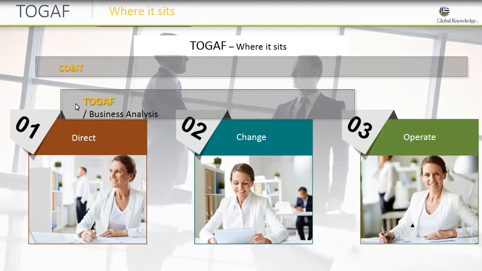TOGAF, there it is, sat proudly covering the enterprise architecture area of your organisation, and you may well be integrating that with business analysis, perhaps through IIBA, perhaps through the UK's Chartered Institute's business analysis methodology and approach. Projects are covered by waterfall methodologies like PRINCE, PMI, programs covered by MSP, or you might even be into more agile methodologies now to allow you to deliver your programs and projects.